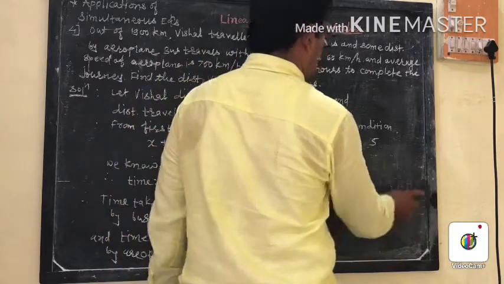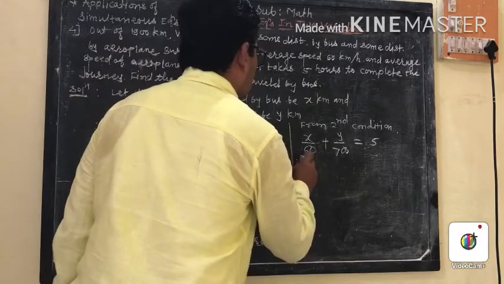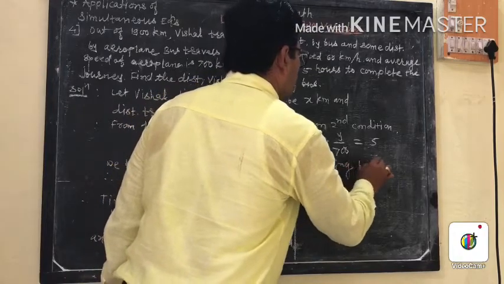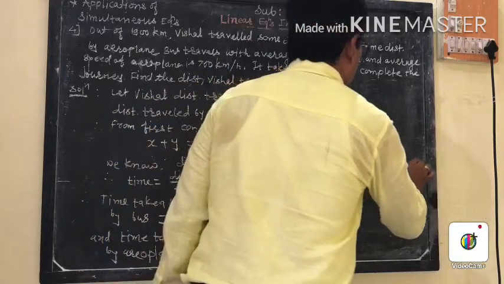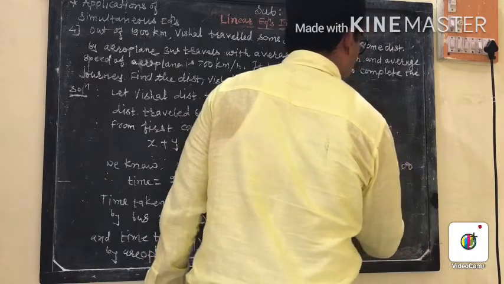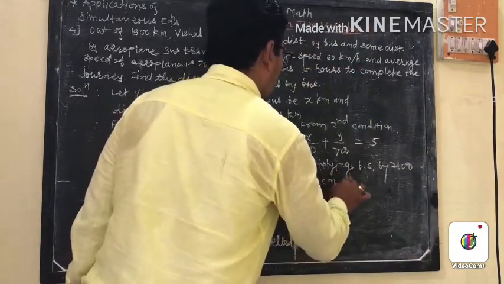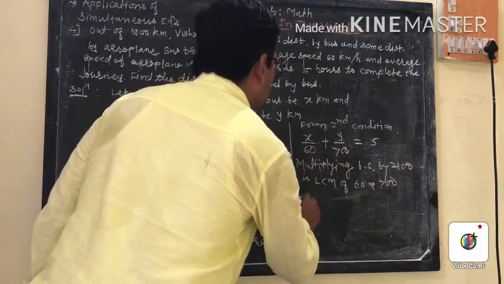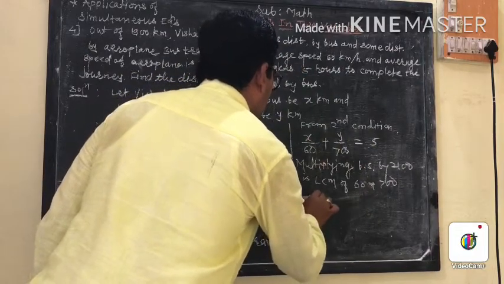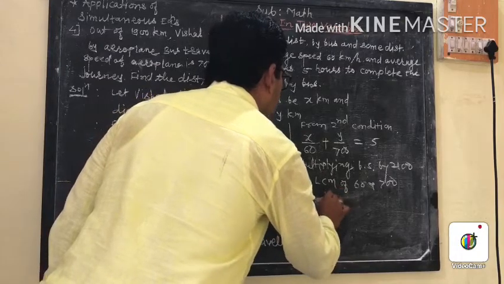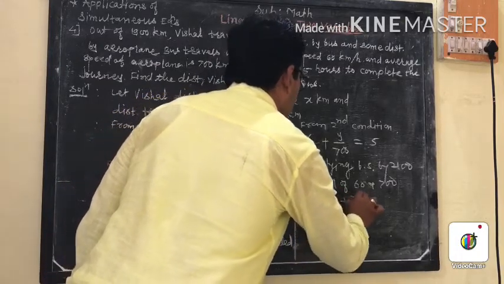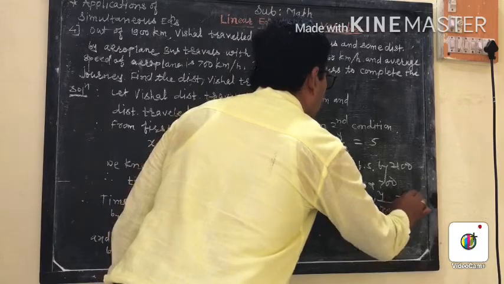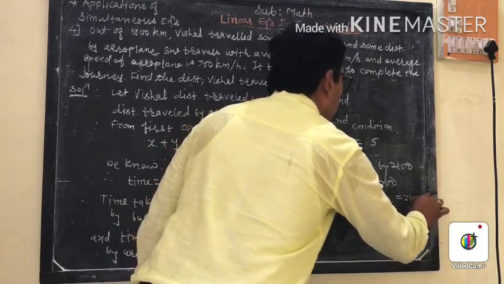Multiplying both sides by 2100, which is the LCM of 60 and 700: 2100 into x by 60 plus 2100 into y by 700 is equal to 2100 into 5.